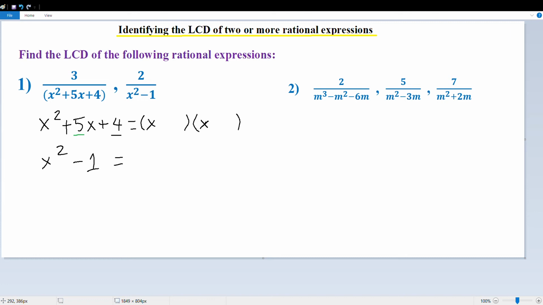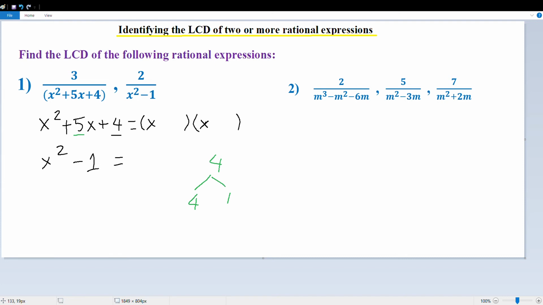Here 4 could be 4 and 1, right? So 4 times 1 would be 4, and 4 plus 1 add up to 5. So 4 and 1 are the perfect pair for these factors.